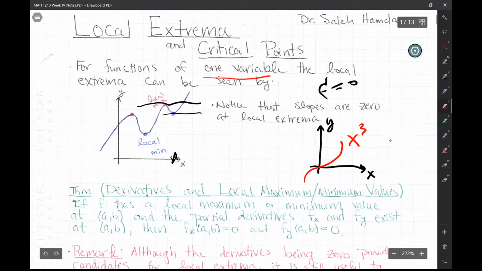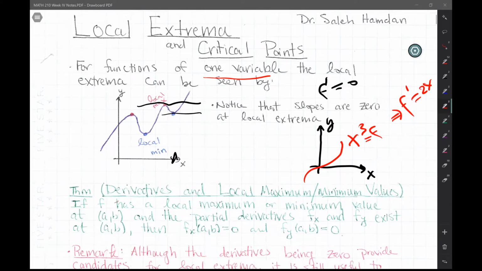If you take the derivative of x cubed, you'll get 3x squared. And so what's the value of the derivative at the origin? At x equals 0, it's 0. So here you have the derivative being equal to 0 at the origin, but clearly that's not a local max or min.